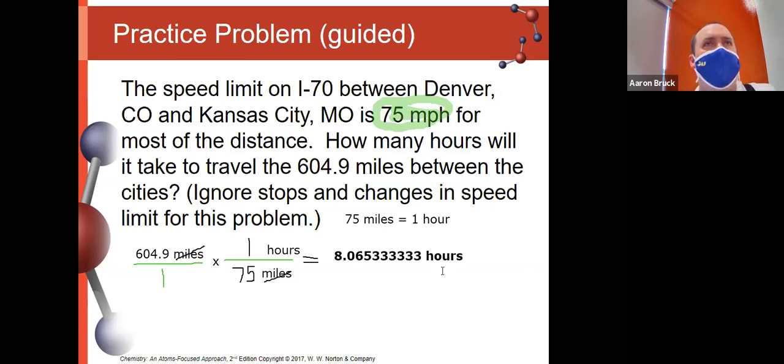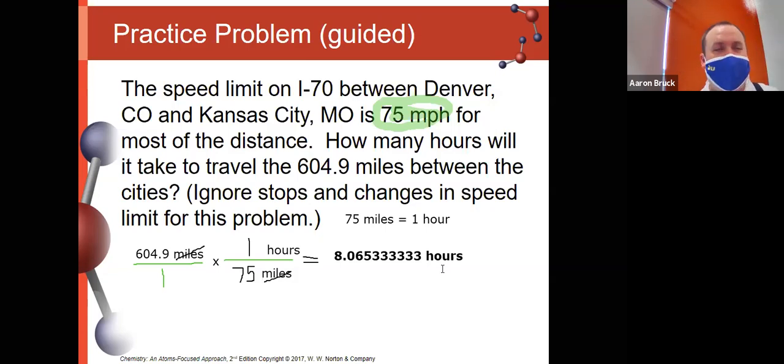Okay, we've changed our answer to 4 because there are 4 significant figures in the miles. All right, Jaron, is that you back there? Now, what do you got? 2? Okay, why 2? Original one was 604.9 miles. You have to round it up to 8.1 hours.